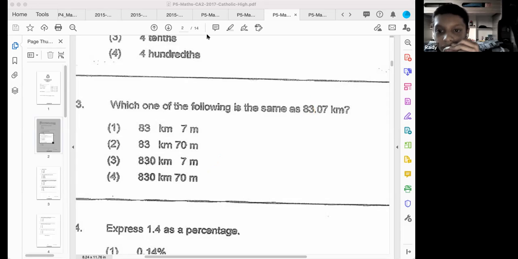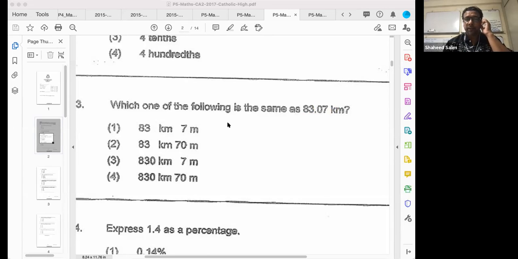It's one, okay. So how to do this? Very simple. How to change km to meters? K stands for kilo. Kilo means 1,000. So times by 1,000. 1,000 is 3 zeros. Shift 1, shift 2, shift 3. This one is the one. The one they put across is the right one.